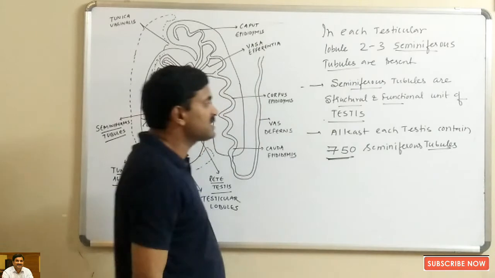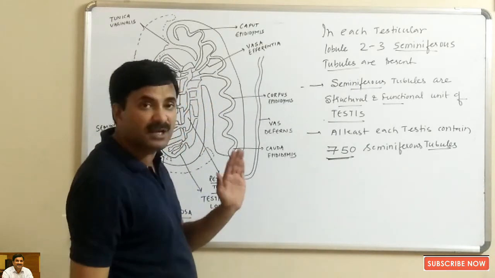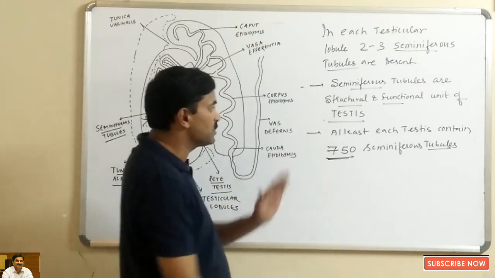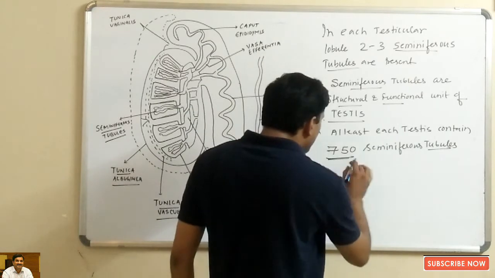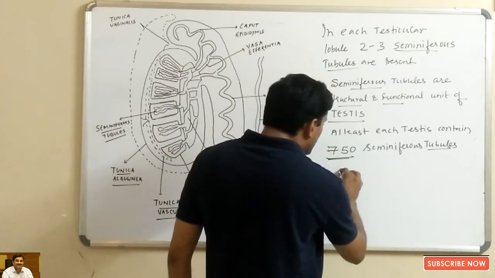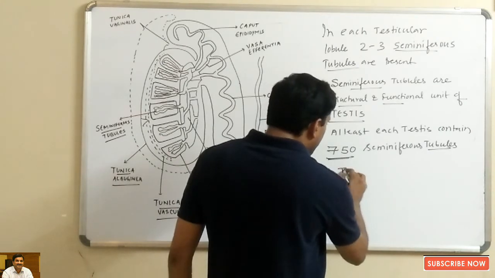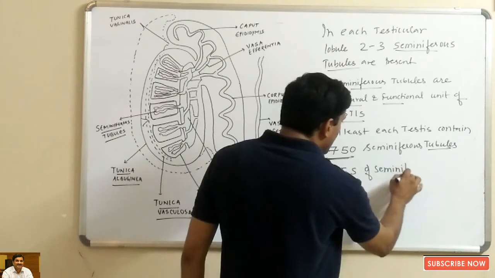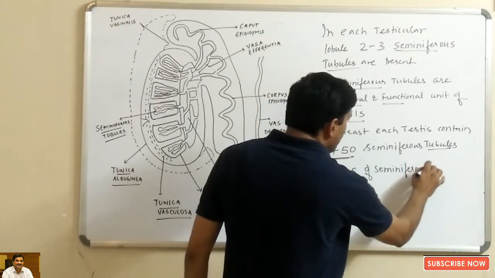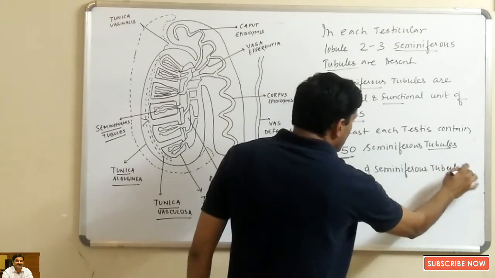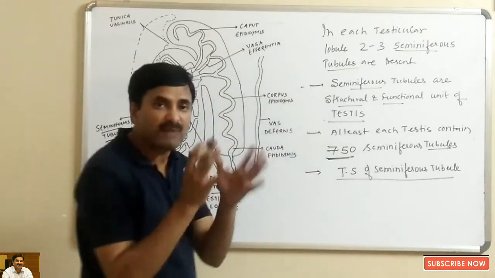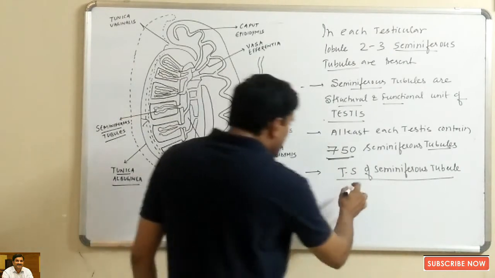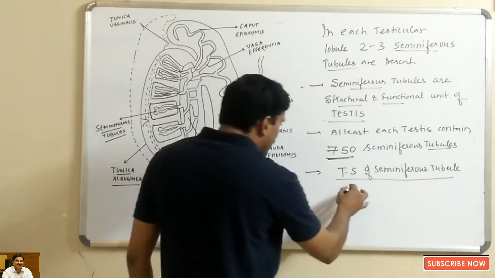So we can say that each testis can contain 750 seminiferous tubules. Now if we talk about a seminiferous tubule, we will be taking a TS of the seminiferous tubule, that is, what is the structure of the seminiferous tubule. See here, I am making a structure of the seminiferous tubule.